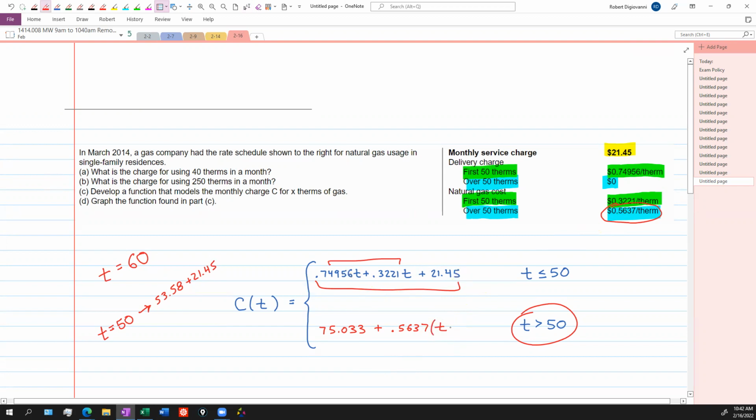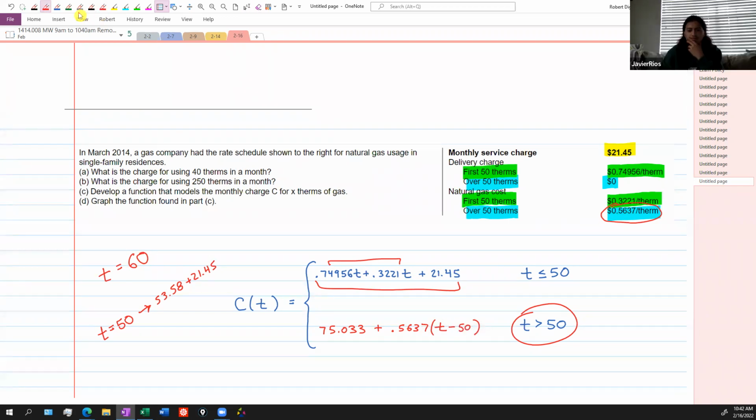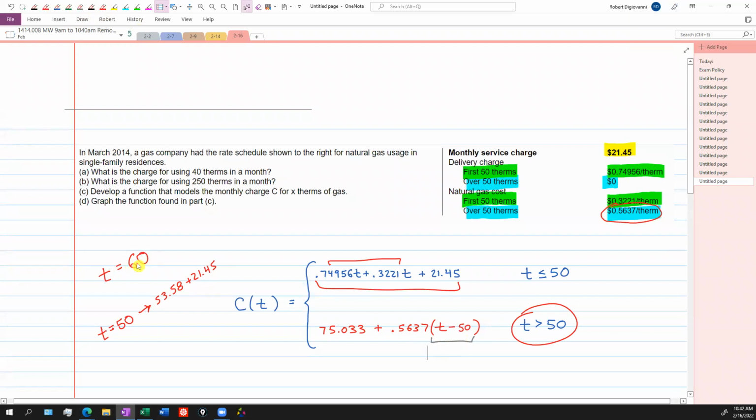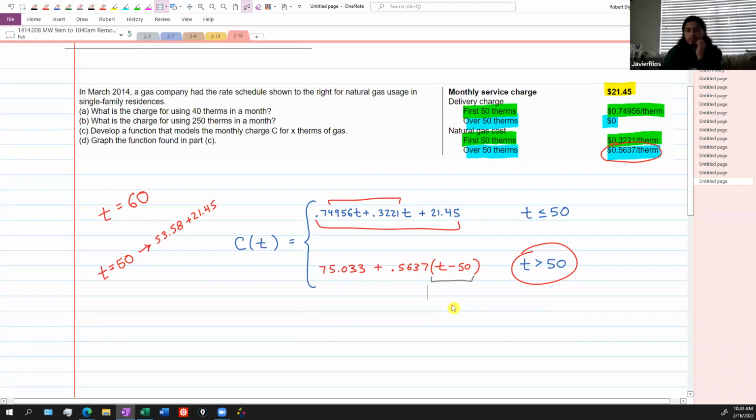So you have to put here T minus 50. If T is 60, this piece right here will cover the first 50 we paid for. If I plug 60 in right here, 60 take away 50 is 10. I'm only going to pay for 10 therms at that rate. Yeah, that makes sense.